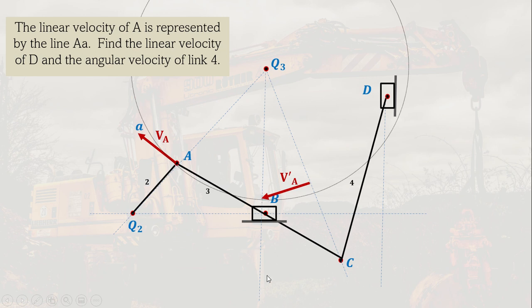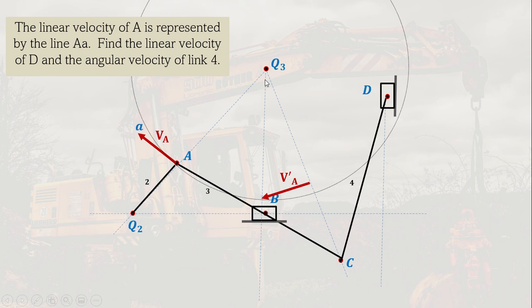And then we're going to get the velocity of C, since we know that the velocity of C should be perpendicular to this line, just like A, right? Because with respect to the center of rotation, all the velocities are perpendicular, right? And it is proportional to the distances to the center.